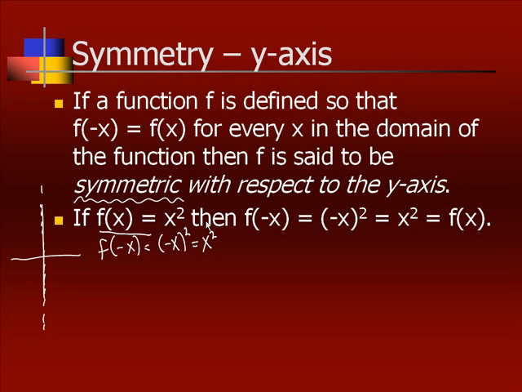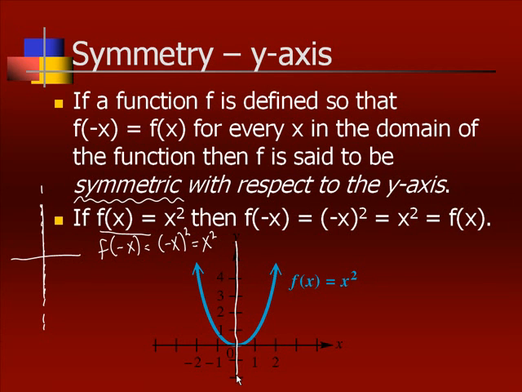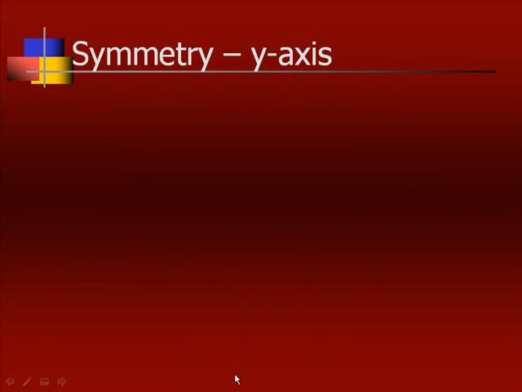So did we get the same thing for both functions? Yes. So we say that this graph is symmetric with respect to the y-axis. Same thing, if you look at your picture and you fold it right down the y-axis, would the graphs overlap? And the answer is yes.